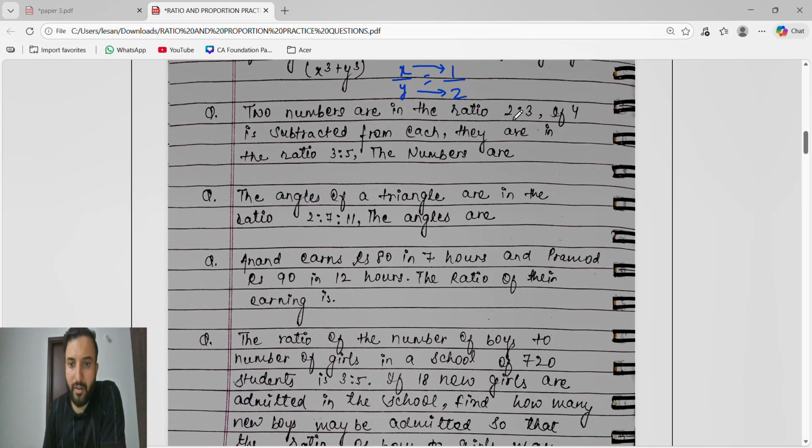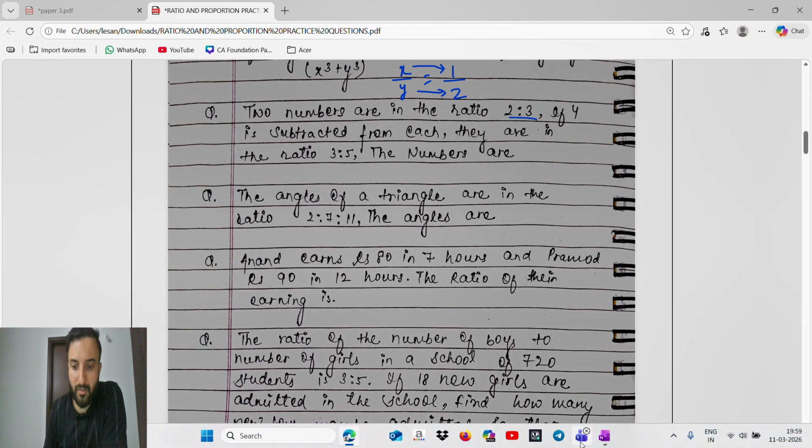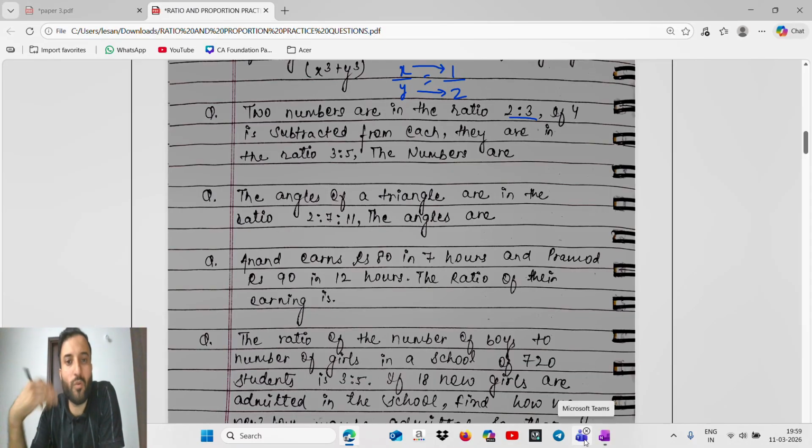Two numbers are in ratio 2 is to 3. You know how we are going to convert the ratio into the number. So I will take the numbers as 2x and 3x.